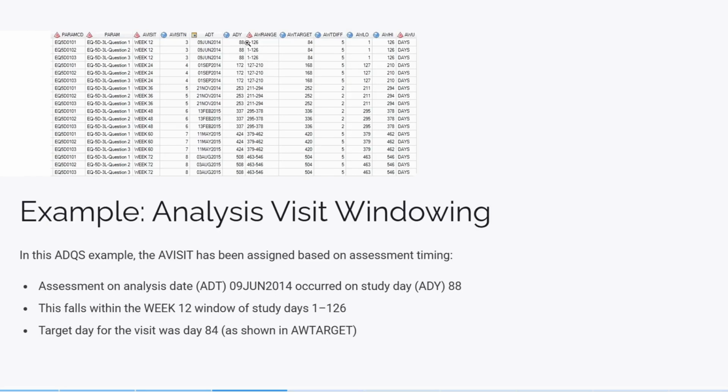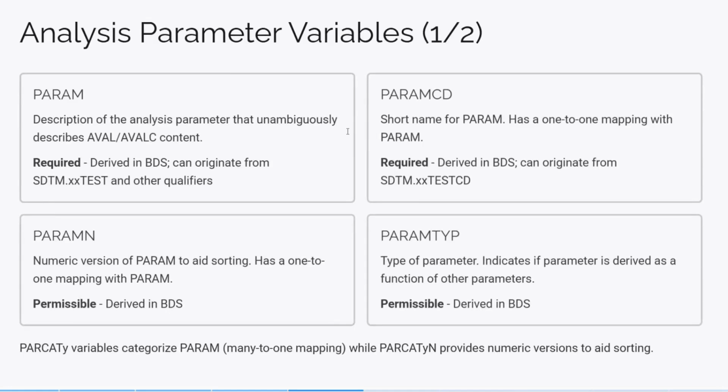This falls within the week 12 window, where the analysis window range is 1 to 126. The target day of this visit was 84, as shown in the AWTARGET. So this falls in week 12 because it is not close to the other target days. This is the kind of concept we'll have with visit windowing when you're doing a clinical trial project. If you check the SAP, there will be a concept called visit windowing, so you'll have a better understanding there.